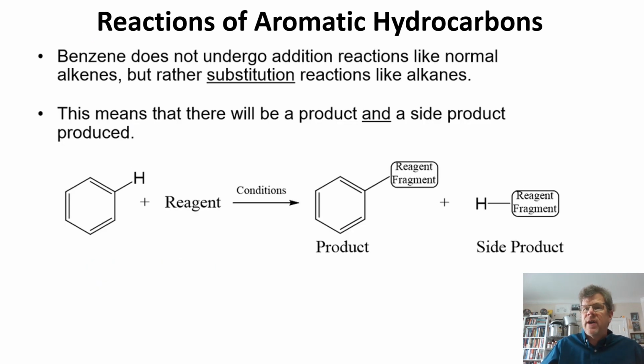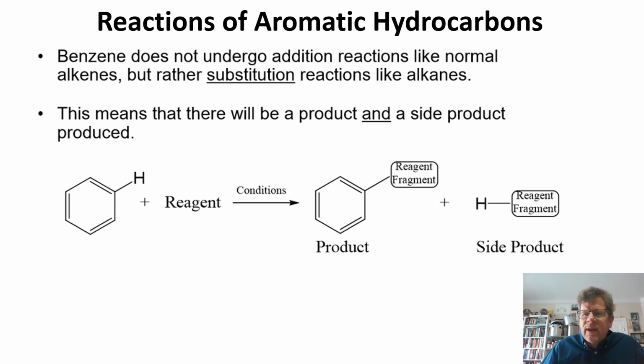All right, so finally we find ourselves here again at the reason that we are in this course. We're actually going to carry out some chemical reactions of specifically aromatic hydrocarbons. And we're going to find that benzene itself, or aromatic rings in general, do not undergo addition reactions like normal alkenes. Remember, alkenes have those carbon-carbon double bonds, and we'd add over them.